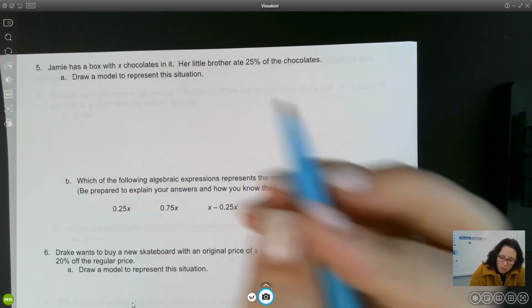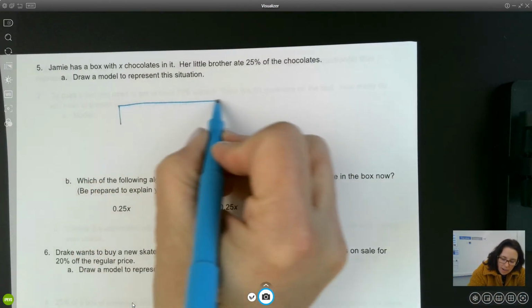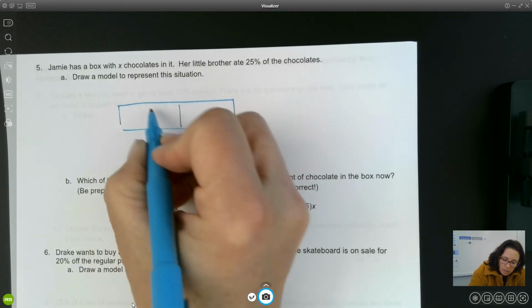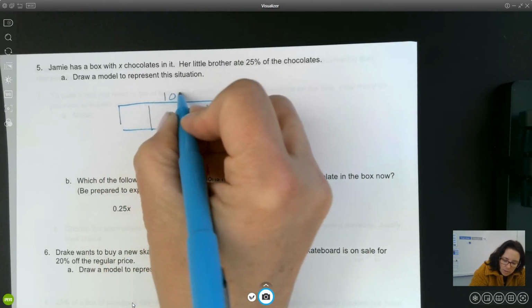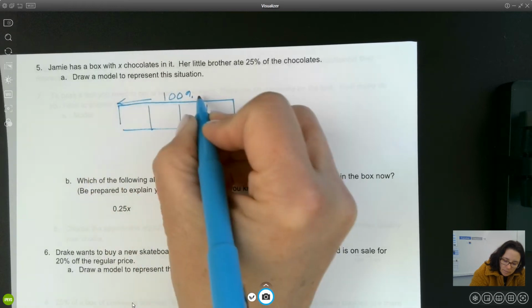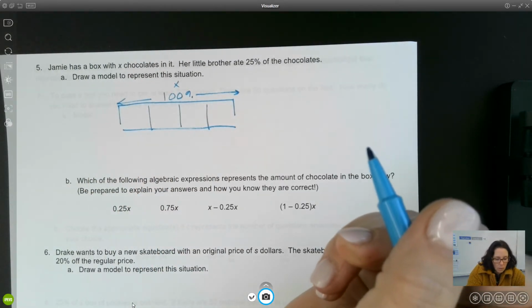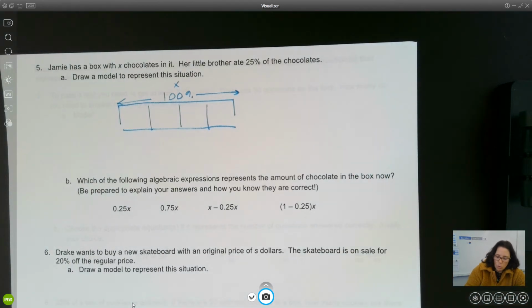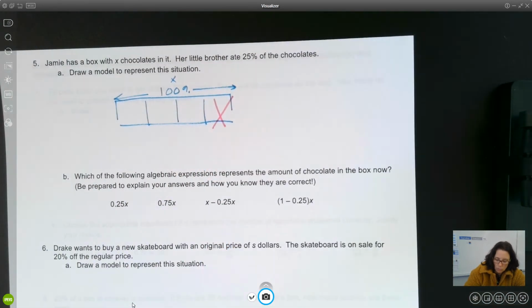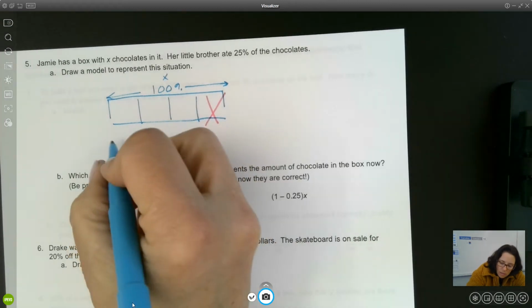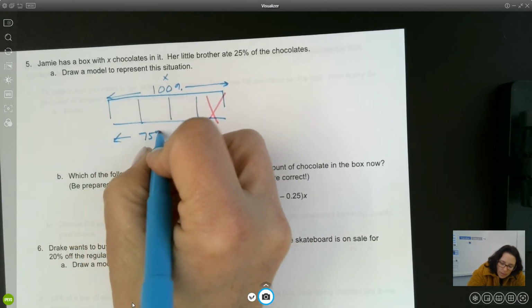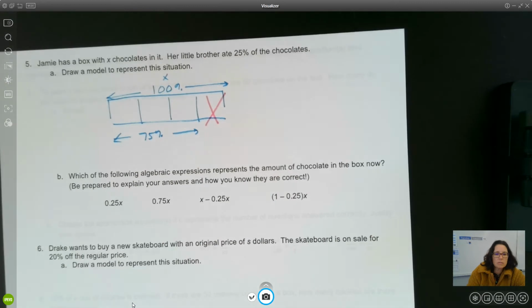All right, draw a model to represent this. So 25%, okay, that's 100% right there. The whole thing has X chocolates in it. Okay, now if he ate 25%, we're going to cross off one of these boxes and then we'll be left with 75% of the box.